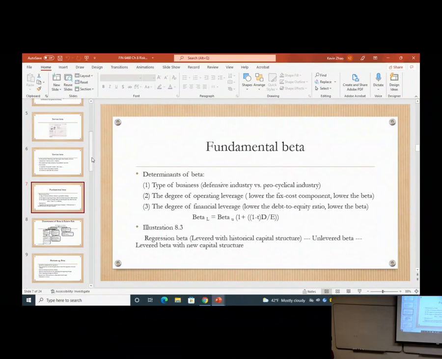A company that has a higher percentage in fixed cost is more risky. That explains why nowadays a lot of large companies do outsourcing. Outsourcing means they are converting fixed costs into variable costs. In that case, overall the risk can be reduced for those large companies.